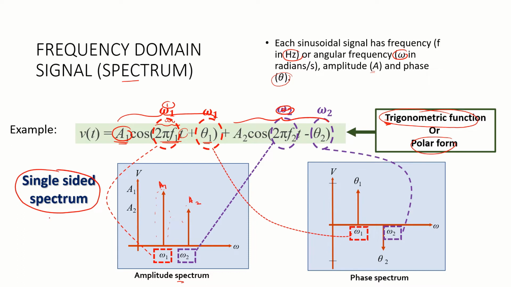What I mean by single-sided spectrum is that it's only one side of the spectrum. For example, in this case, the spectrum is only on this particular side. You will not have the negative part here. The same goes for the phase. You will not have the negative part here. So a trigonometric function always represents a single-sided spectrum. Please remember this.